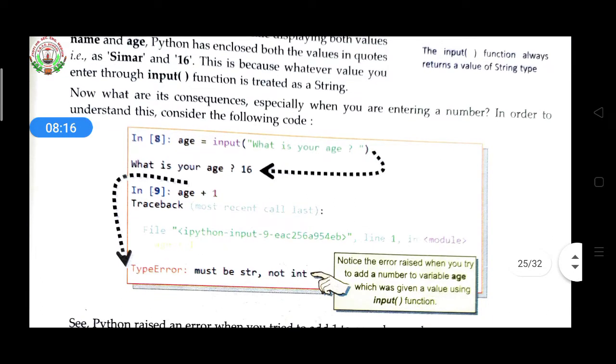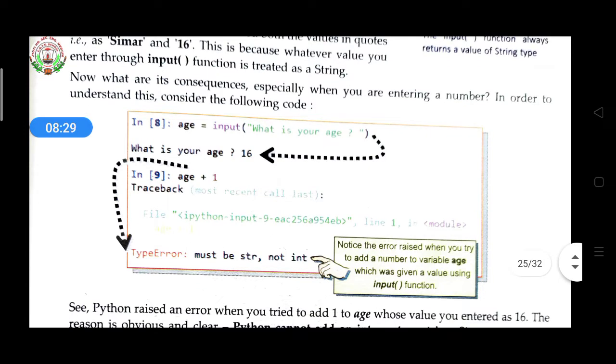Now what is its consequence, especially when you are entering a number? To understand, consider the following code. If you ask the user for age, and the user types his or her age, and then you give age plus 1 to increase it, Python raises an error, because it must be a string.